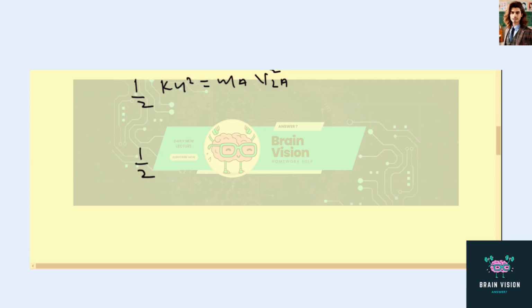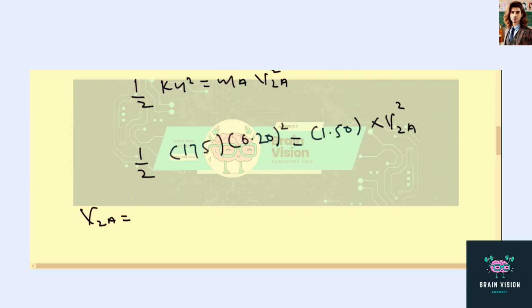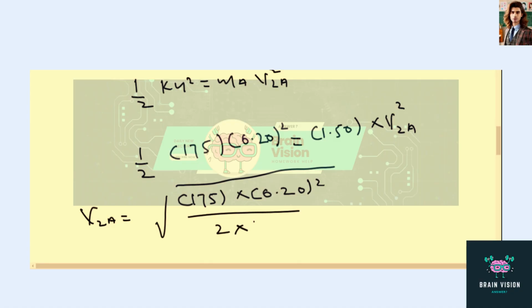And now substituting mass of A, k, and x, we have 1 divided by 2 into 175 into 0.20 whole square is equal to 1.50 times V2A square. So V2A is equal to root of 175 multiplied by 0.20 whole square divided by 2 times 1.50, that is equal to 1.53 meter per second, right?